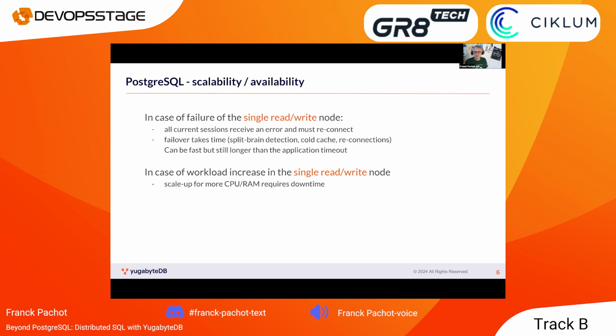They will have to reconnect. They will start with a cold cache. So scaling up is still a downtime. And scaling out is just not possible because of those monolithic components. The only thing that you can do with Postgres itself is adding more read replicas that can serve stale reads.